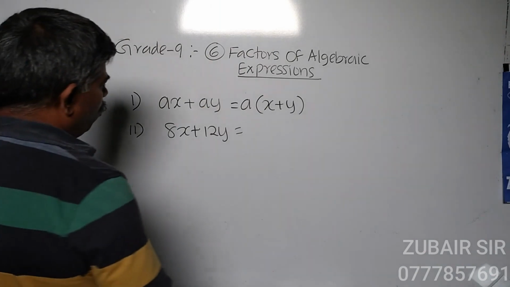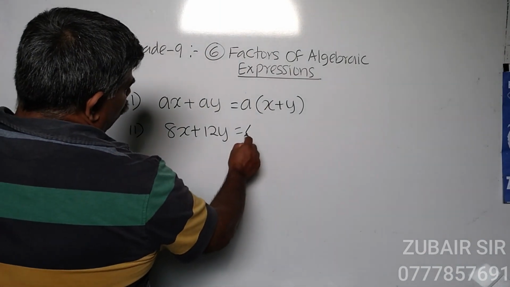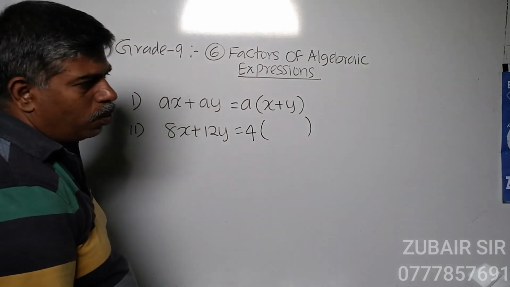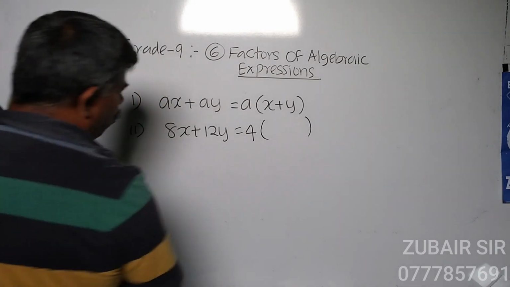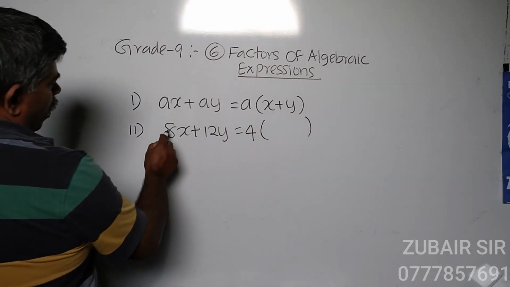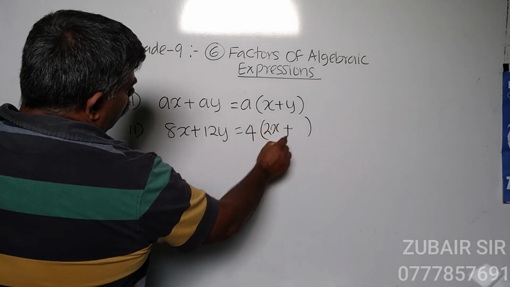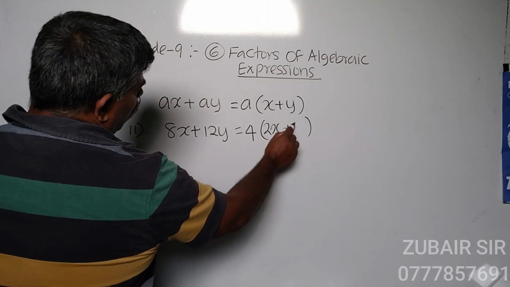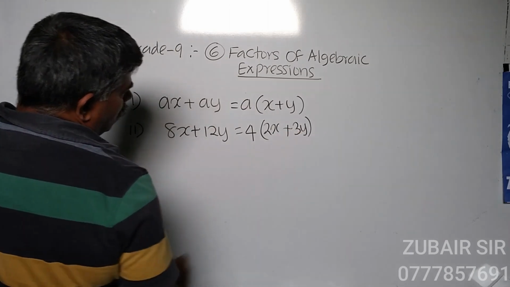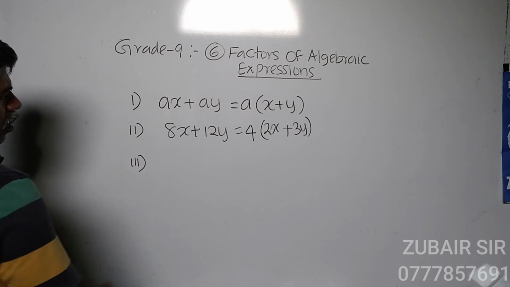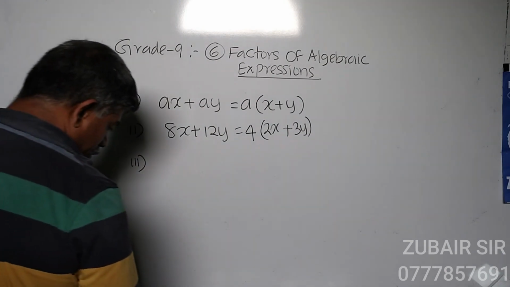So we can take the 4 as the common one. Take the 4 out and divide this by 4. When you divide this by 4, 2x, plus when you divide this by 4, 3y. So 2x plus 3y. Like this, we can form a bracket.